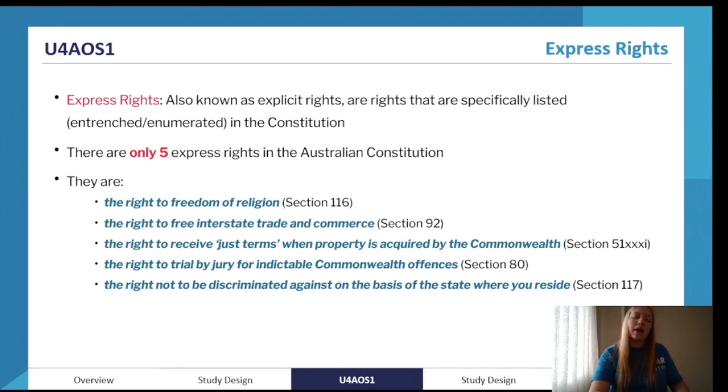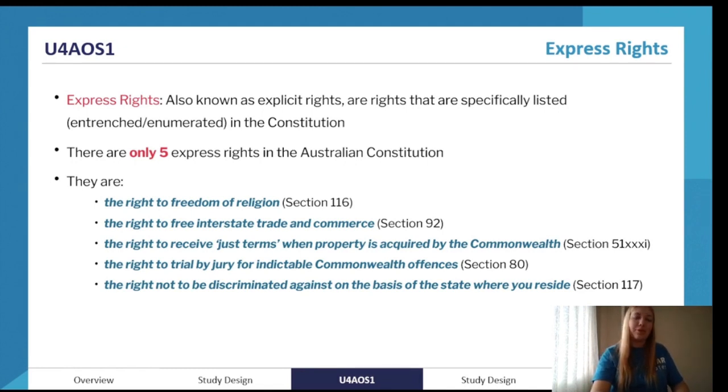The right to receive just terms when property is acquired by the Commonwealth, in Section 51 subsection 31. That's what XXI is, subsection 31. This means that the Commonwealth can take your property from you, but they must provide you with just terms. So, think of that what you will.